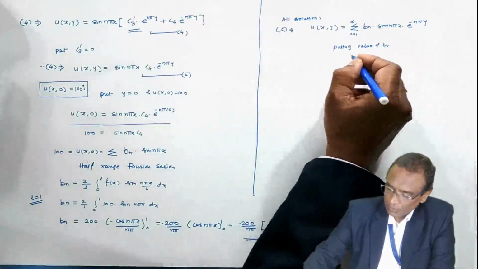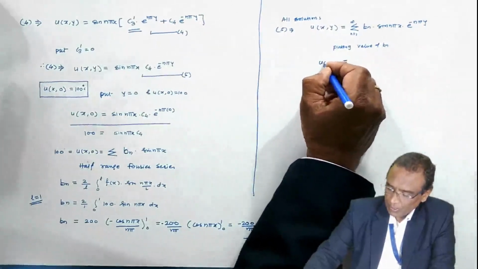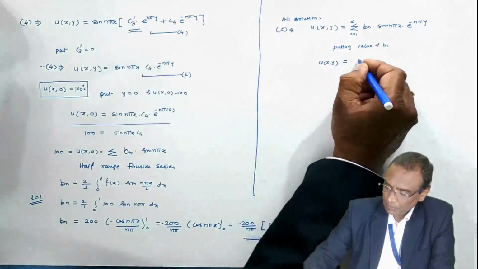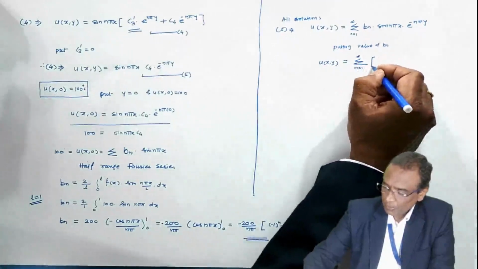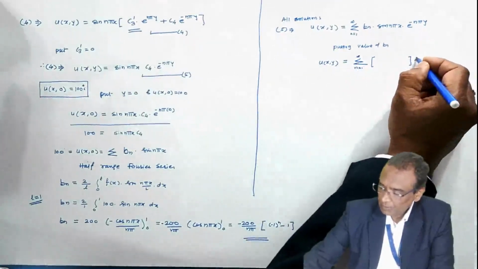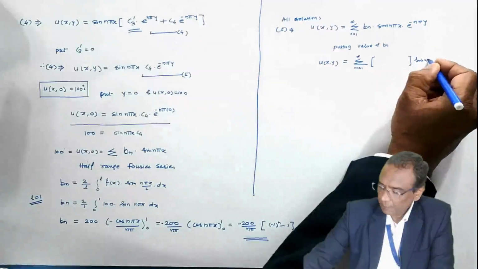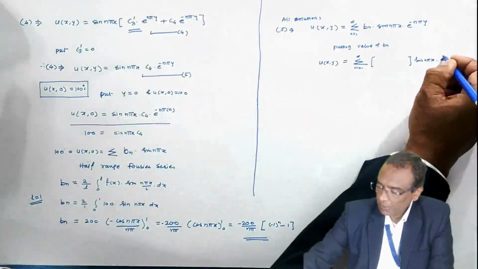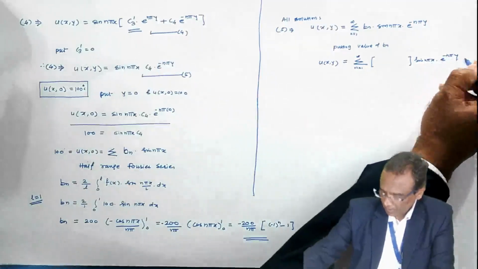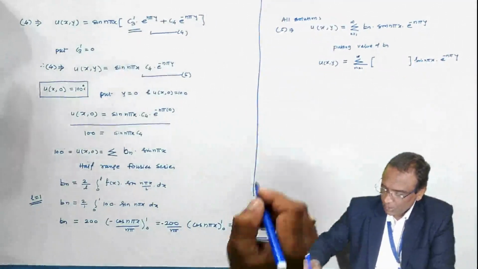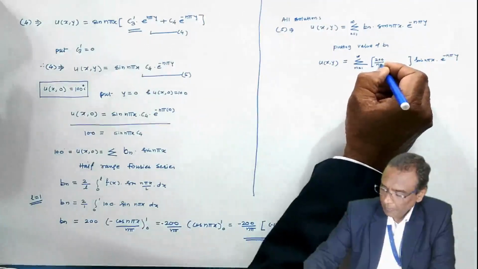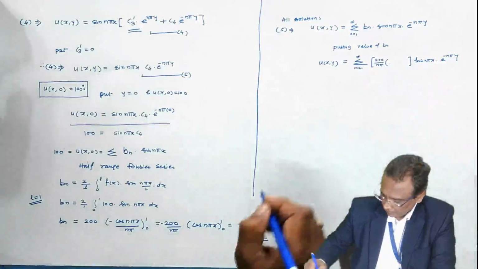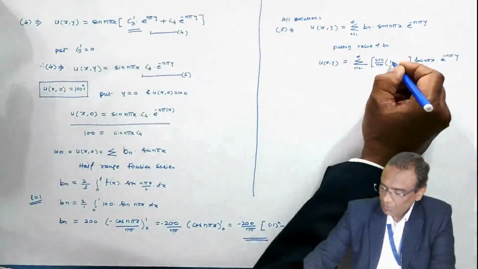If you substitute the value of Bn, then u of x,y equals summation n varies from 1 to infinity, sin n pi x e to the power minus n pi y, and the value of Bn is 200 by n pi. This minus sign I am taking inside: 1 minus (minus 1) to the power n.